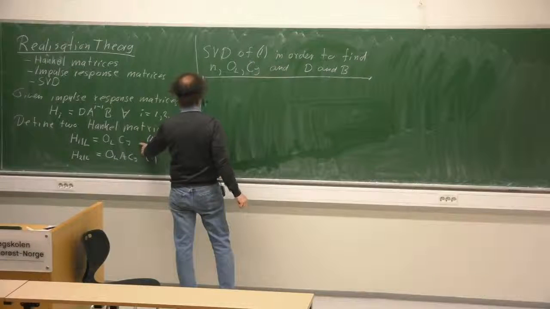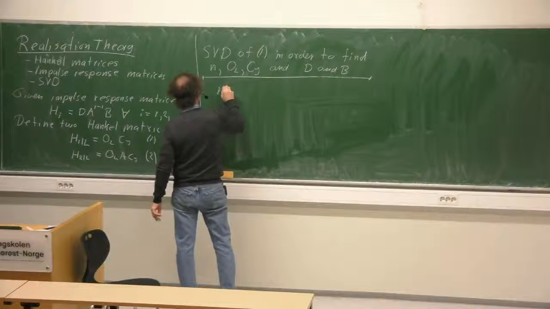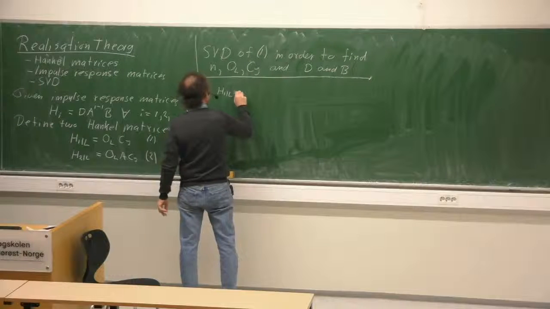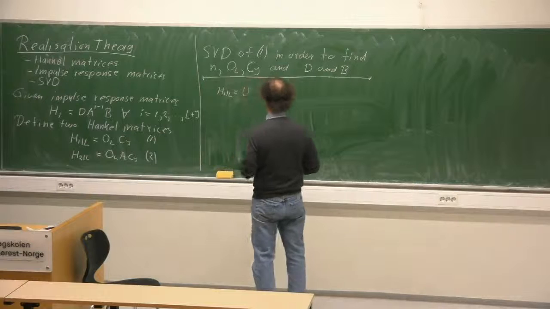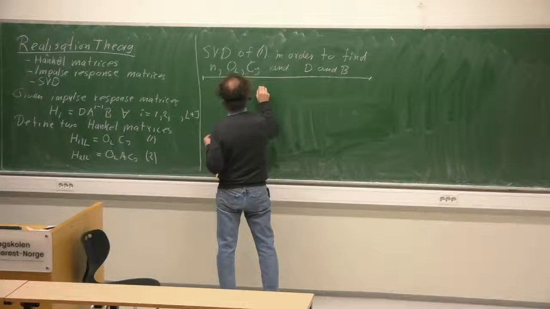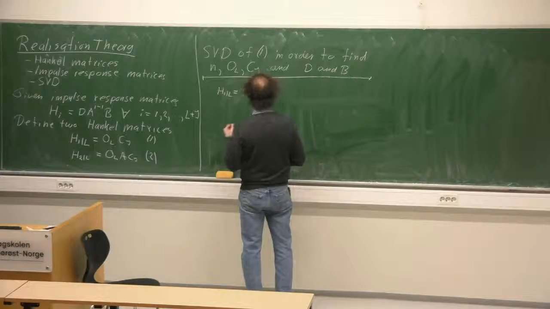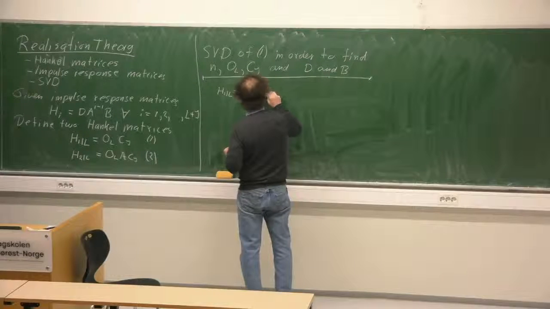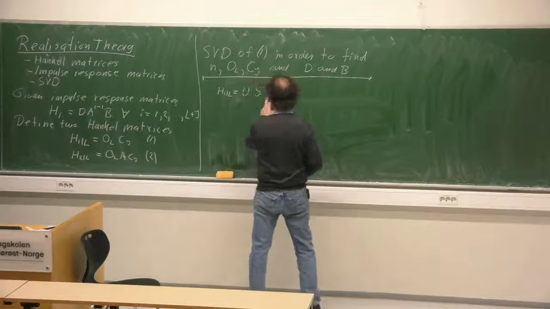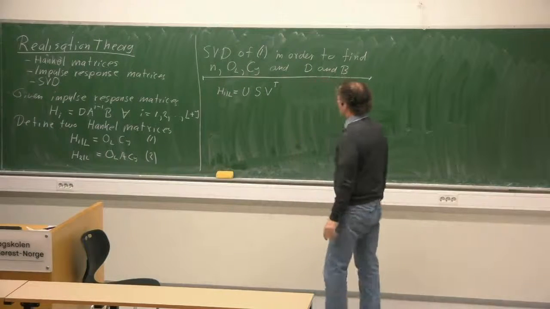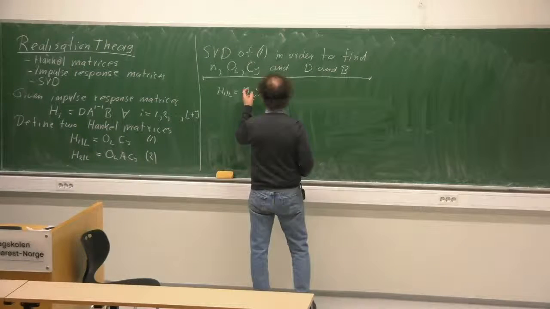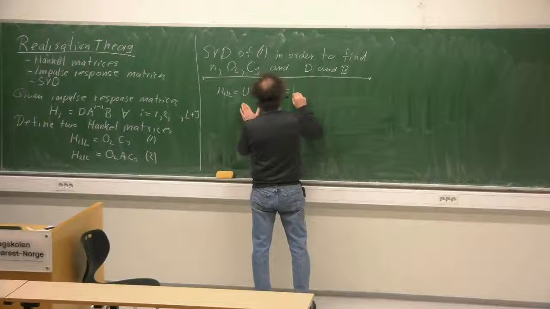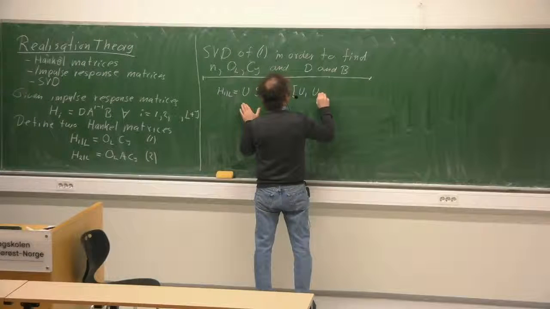Now, this Hankel matrix H1 given L may be factored into the matrix U, the left singular vector matrix, a diagonal singular value matrix S, times V transpose, where V is the right singular vector matrix. And as I have said, partition those matrices as follows.